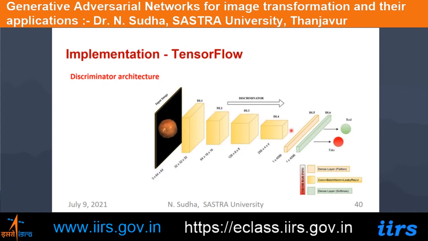It extracts the feature maps, and then there is a fully connected layer whose outputs are two units, giving the real and fake classification. So that is the discriminator architecture normally.